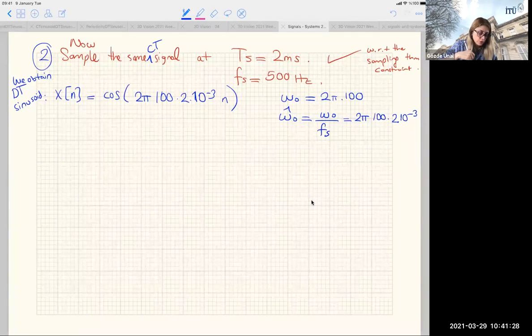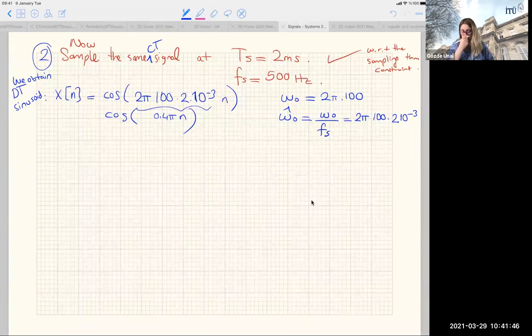Okay? So now we can do the math again. Guys, here on this side, let me do it. What do I have? This is, I think, 0.4 pi, right? So it's really cosine 0.4 pi n. We can check it exactly.